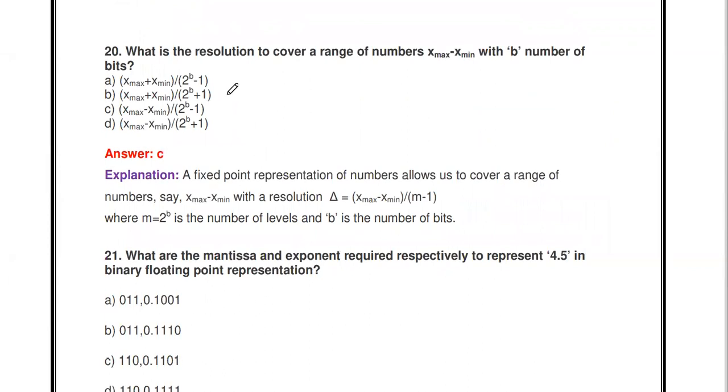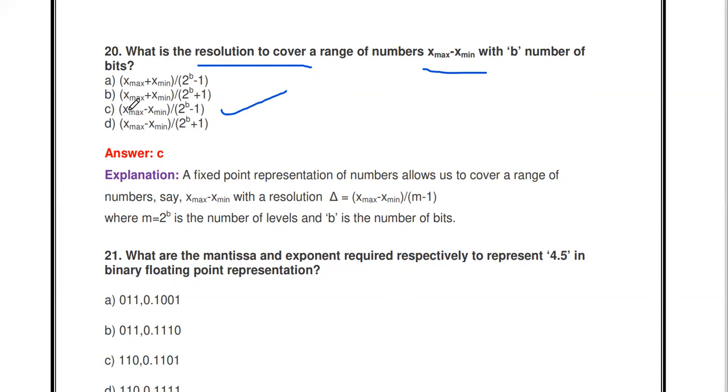Then the next question: what is the resolution to cover a range of numbers x max minus x min with b number of bits? The resolution is x max minus x min divided by 2 to the power b minus 1.